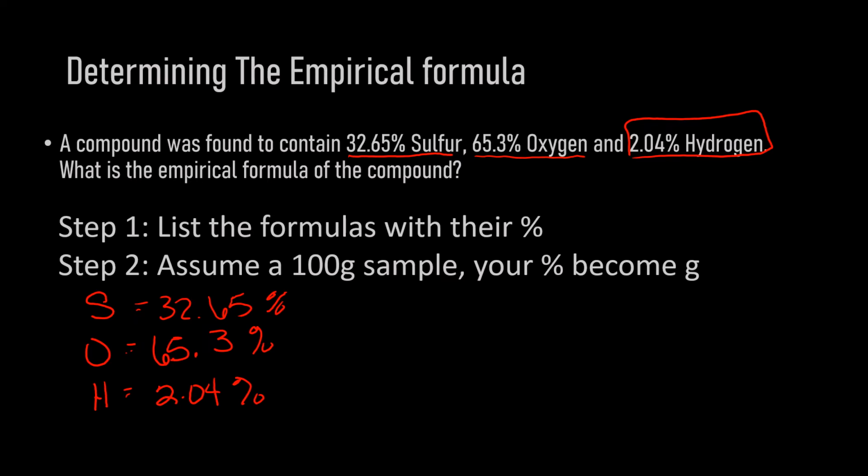Okay, so we listed the percentages and we assume that the sample is 100 grams. So that means our percentages can become grams. So we're just going to turn these to grams.